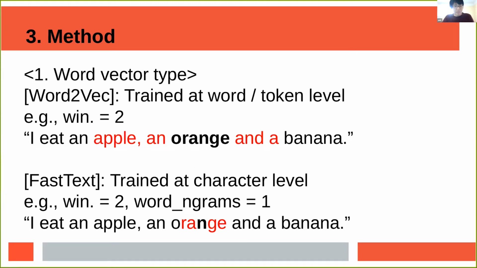Word2vec is one of the most popular word embedding models, and I used it last year to obtain word vectors. A word2vec model is trained at the word level or token level. As you see here, if the target word is orange, apple, and N, and A are regarded as the context, given the window number 2 or 5.